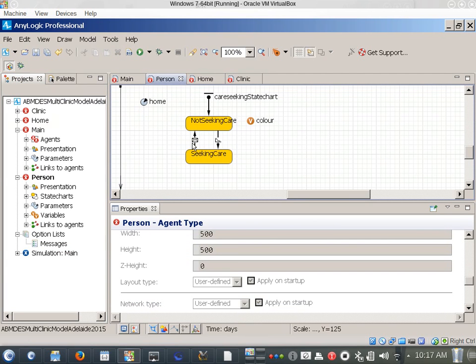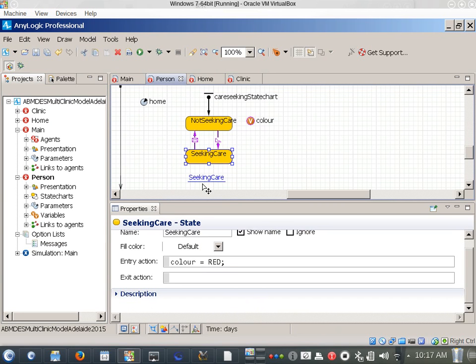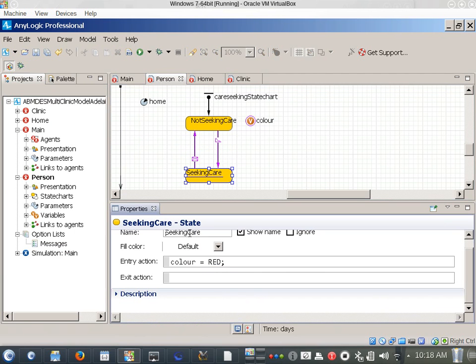We have a not seeking care state. We're going to take this thing that says seeking care, and it's going to be instead called under care. So we're going to change its name to be under care.